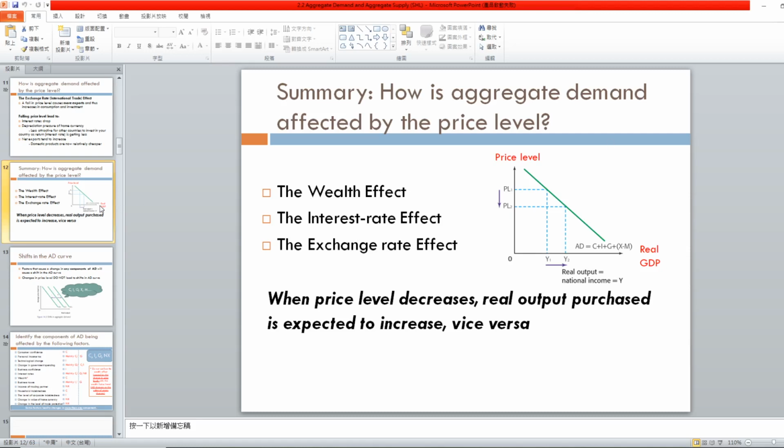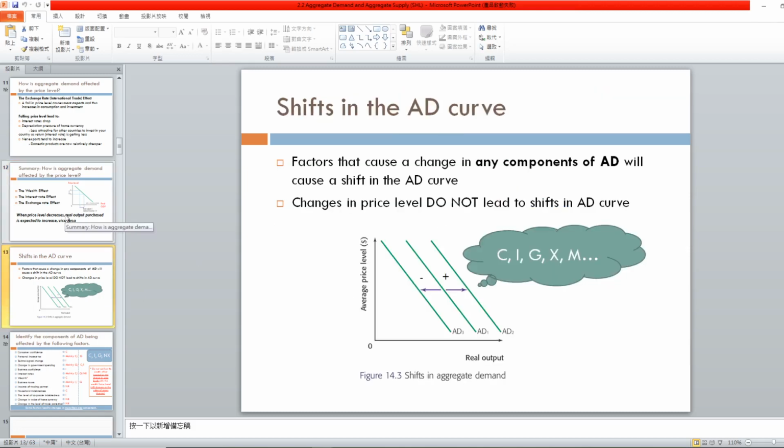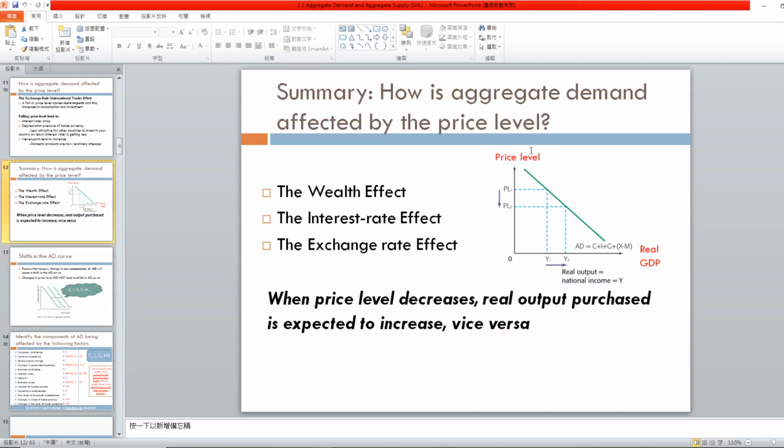So that's the first part of AD. This is what we did last week. We know the relationship of the downward sloping AD curve, and then we talked about the shift in the AD curve. When the price level is changing, the output will move along the curve.